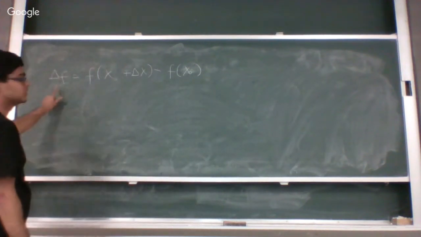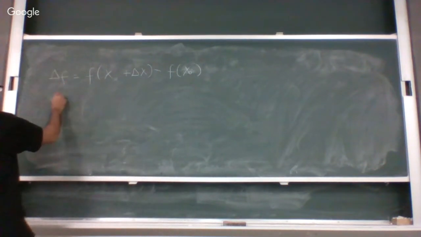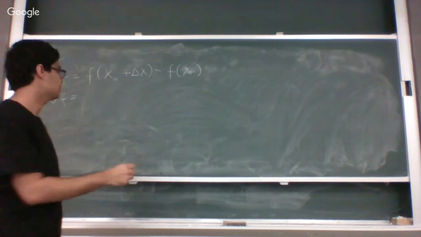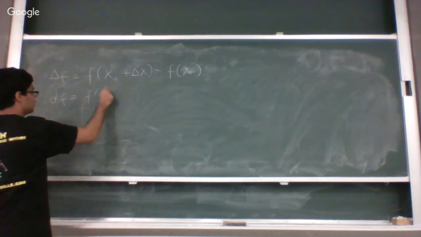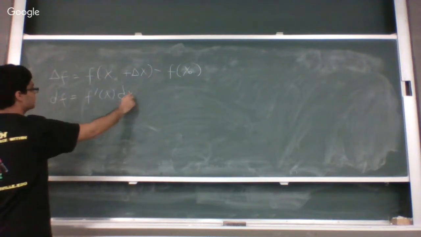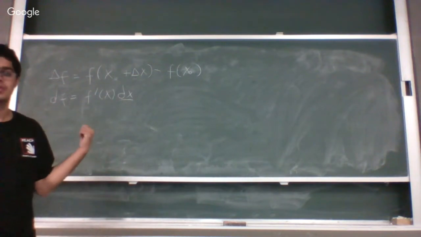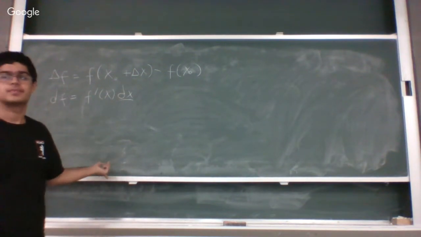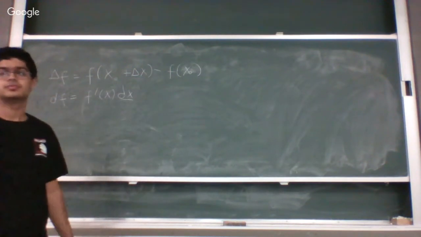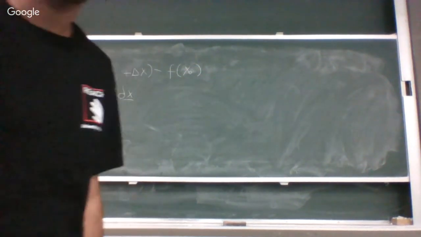That's how we find the change in f. And df is equal to f prime of x times dx. That's the same thing as that. Well, they're approximate, right? Yeah. I'm saying that dx is the change in x. Oh, okay, yeah. That one people normally just forget about.